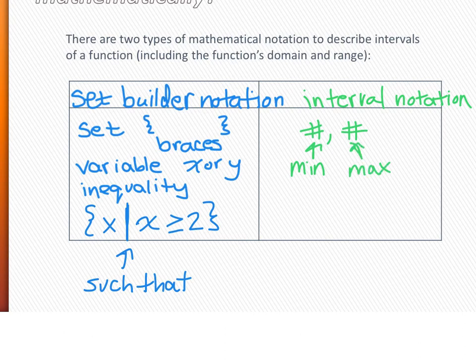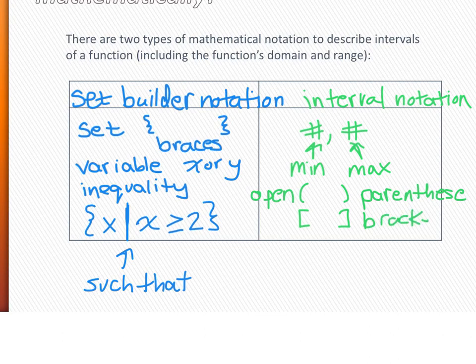And we're going to surround those numbers with a combination of parentheses or brackets. The parentheses are meant to indicate open, and a bracket is meant to indicate closed. And recall that open means not equal to, and closed means equal to.